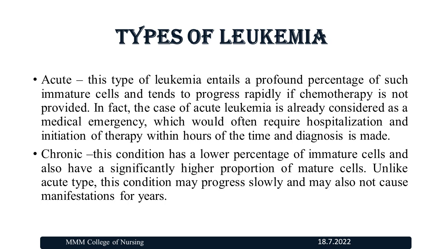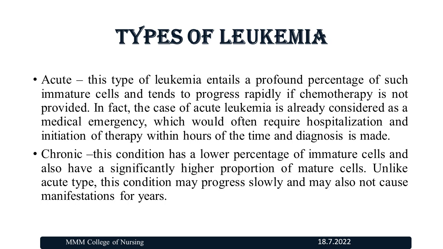Types of leukemia: there are two types. Acute means the type of leukemia entails a high percentage of immature cells and tends to progress rapidly if chemotherapy is not provided. In fact, acute leukemia is considered a medical emergency.